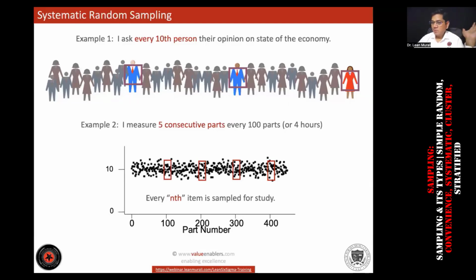You cannot measure all the million pieces coming out, so you choose probably every hour. You know that the entire hour is representative of that particular sample you have taken. If systematic random sampling is clear, all of you give me a 9 or 10 if it is super clear.